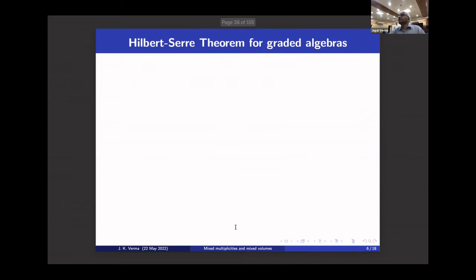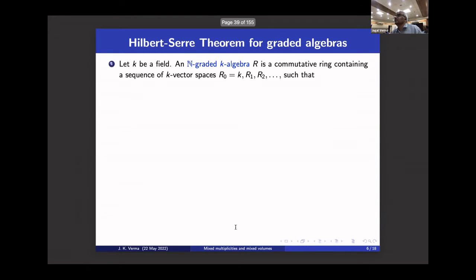All right. I want to now recall the Hilbert-Serre theorem, to connect volume with degree of a projective variety. This is done through the Hilbert-Serre theorem for graded algebras. Take K to be a field, and an N-graded algebra is a commutative ring containing a sequence of vector spaces over the field K, so that the algebra is a direct sum, and Ri times Rj is contained in the (i+j)th graded component.